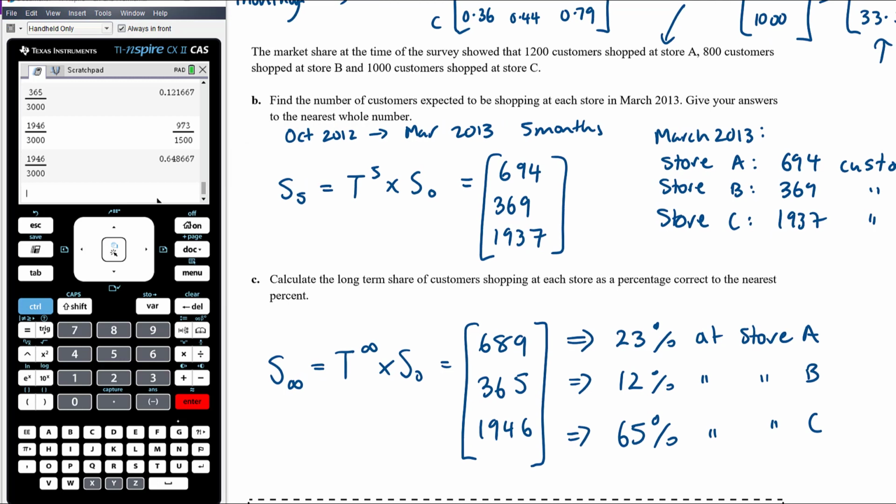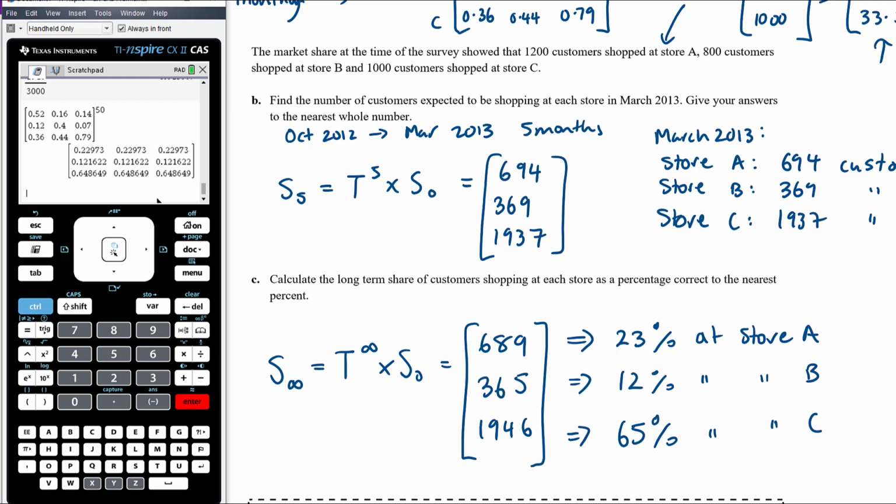Now, you'll remember I said that the initial state doesn't matter. So actually, we could have found these values not by worrying about the initial state, just by raising the transition matrix to a large power. And you can see along the whole top row, regardless of where they shopped previously, 23% shop at store A in the future, 12% shop at store B in the future, and 65% shop at store C in the future.